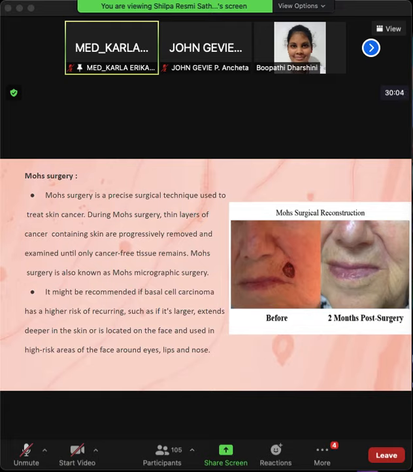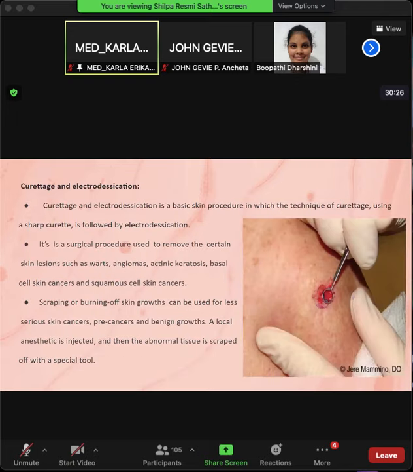It involves examining carefully marked excised tissues under a microscope layer by layer to ensure complete excision. It might be recommended if the BCC has a high risk of recurring, such as if it's large, extends deeper in the skin, or is located on the face, and it is used in high risk areas of the face around the eyes, lips, and nose. Here's a picture. Okay, next slide.